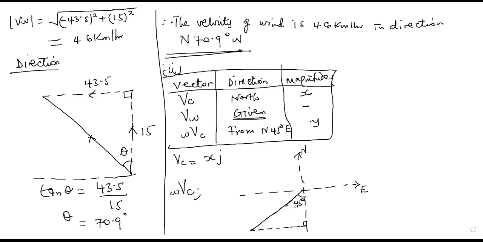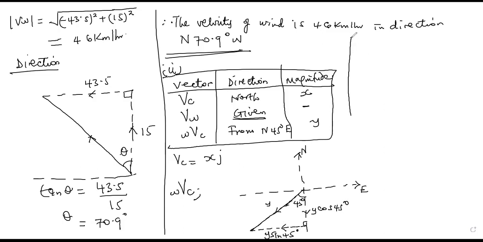So we have not been given the magnitude. I rate it to be y, implying that here you will have y cos 45 degrees, and here you will have y sin 45 degrees. Isn't it?